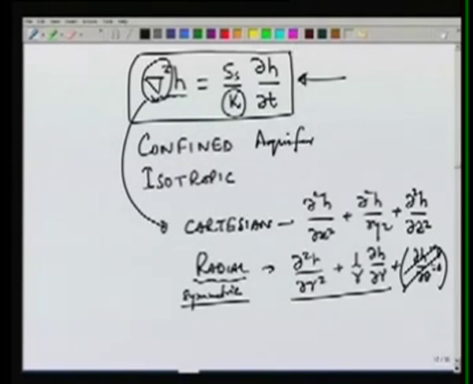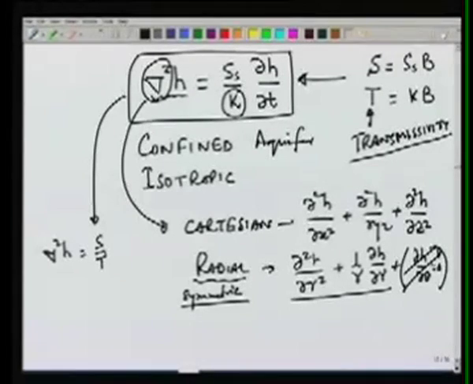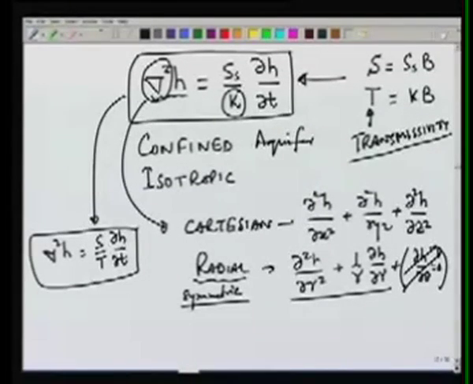We can also write this equation in a little different form by noting that the storage coefficient S is the specific storage times the depth of the aquifer, and we have already defined the transmissivity as K into B. So if we use this S and T, we can also write this equation in terms of the storage coefficient and the transmissivity.